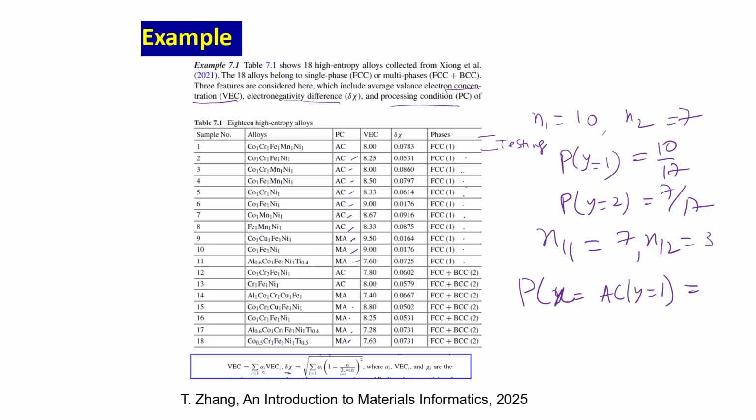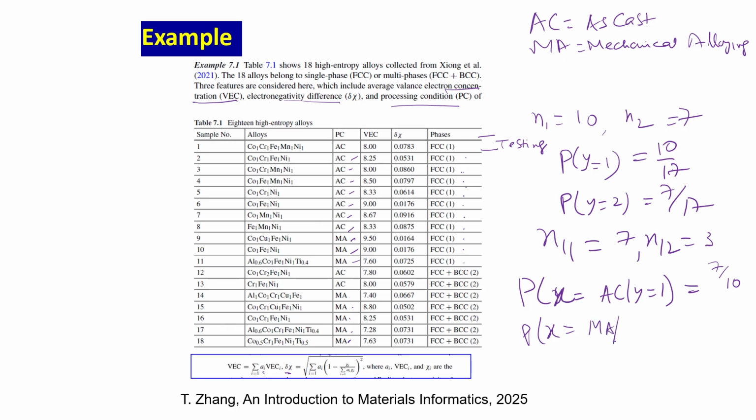AC stands for as cast, and MA stands for mechanical alloying. So it becomes 7 by 10, since 7 plus 3 is 10. Similarly, P of x equal to MA given y equal to 1 is 3 by 10.